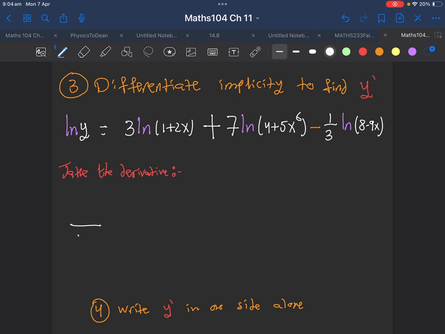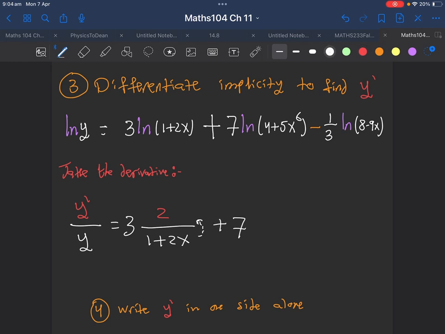Well, we know it is 1 over y, and we write y prime on top, equal to. What is the derivative of the first ln? Remember, derivative of ln u is 1 over u, and then you write the derivative of u on the top. So the 3, we don't need to do anything with the 3. We have 1 plus 2x. And now what's the derivative of the denominator? Just 2.